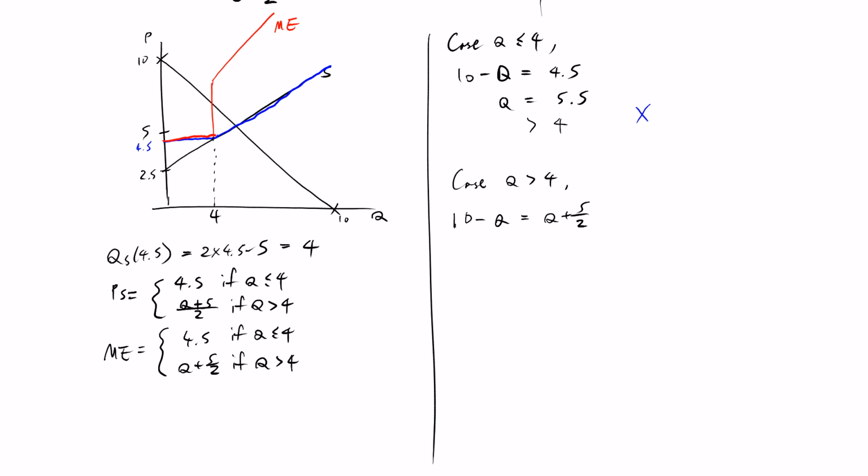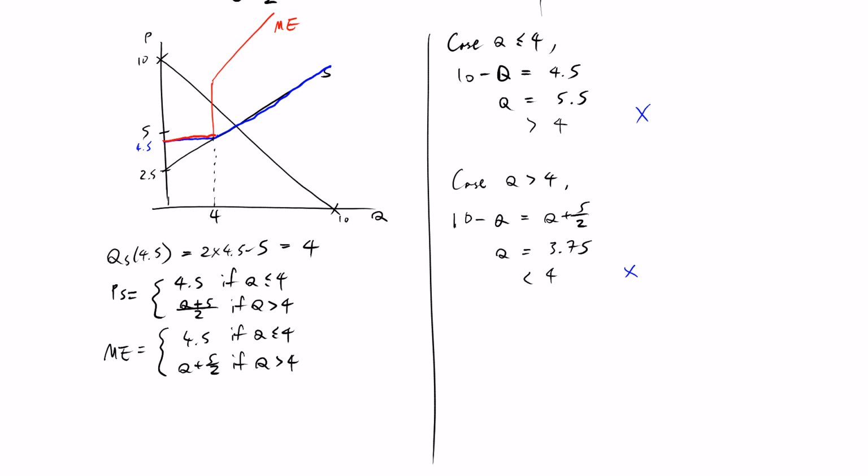You have Q equals 3.75, which is smaller than 4. So when the demand curve crosses between the two segments of the marginal expenditure, you would be rejecting both cases. Right? You will be rejecting both cases.